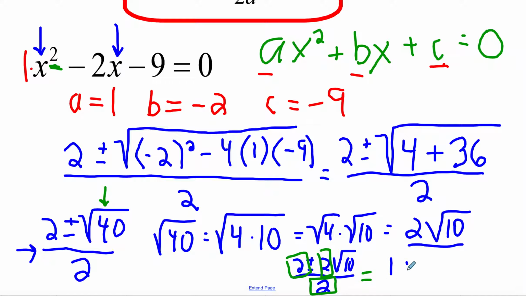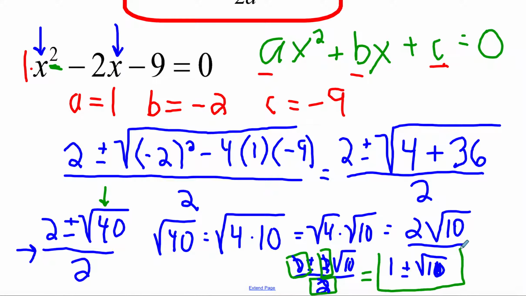Again, 2 divided by 2 is 1 again, so that just becomes 1 root 10. And this is all over 1. But remember, anything divided by 1 is just itself, so our final answer here is 1, and I forgot the minus, 1 plus or minus root 10.